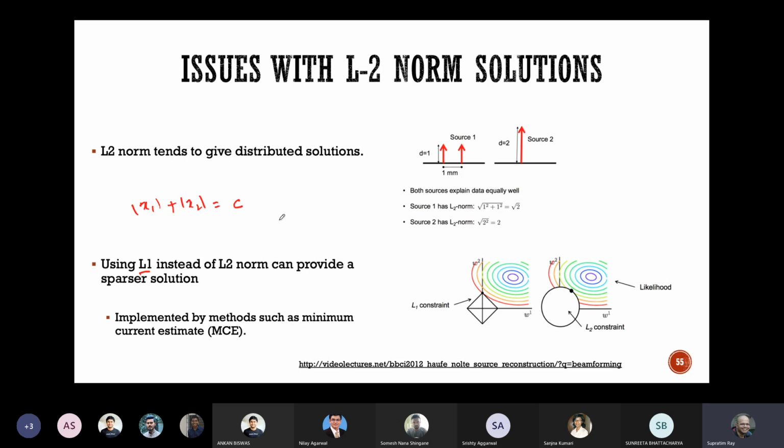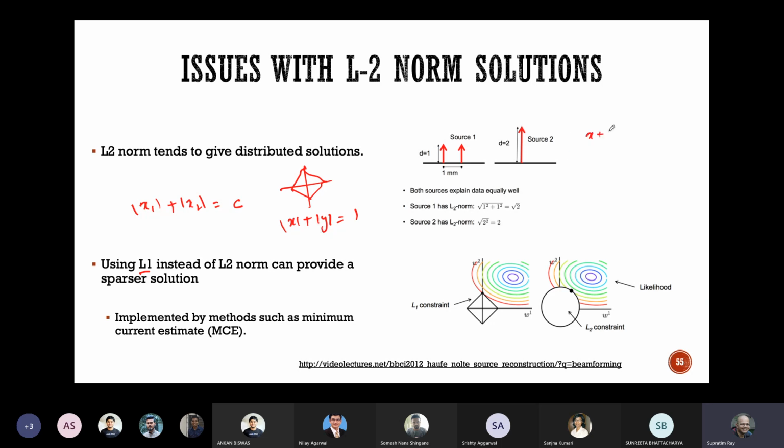So if I ask you mod x plus mod y equal to 1, let's plot this. This is actually a question that I ask in another course that I teach in calculus. The solution is going to be a diamond like this. Okay, so where is this coming from?